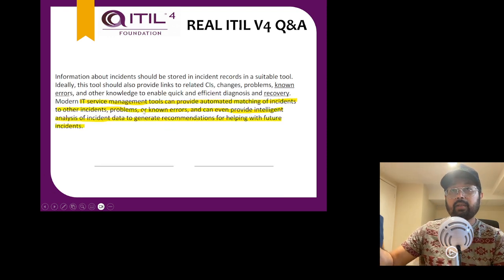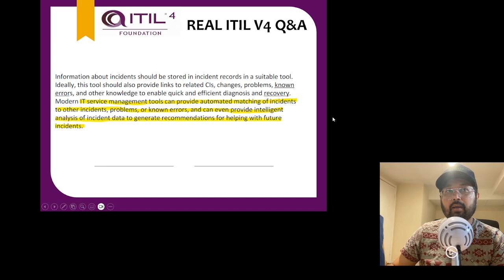And after that, there was some discussion, and in the discussion I marked with the yellow marker: an IT service management tool can provide automated matching of incidents to other incidents, problems or known errors, and can provide intelligent analysis of incident data to generate recommendations for helping with future incidents.